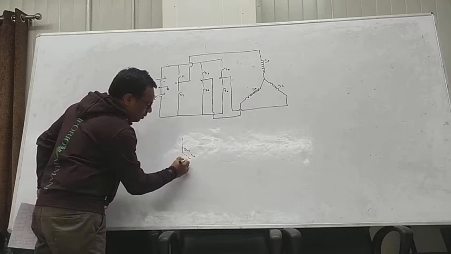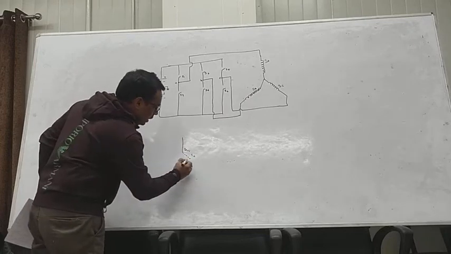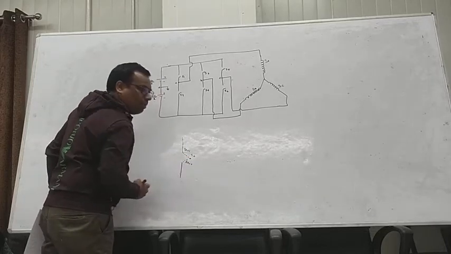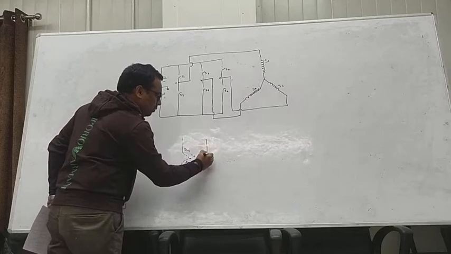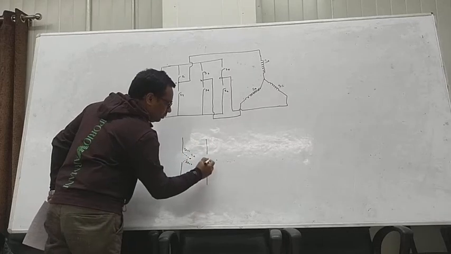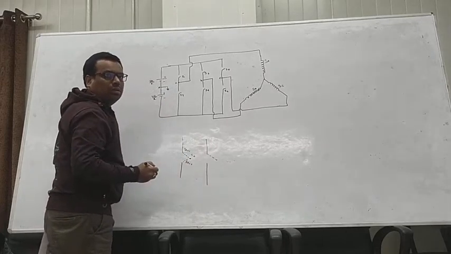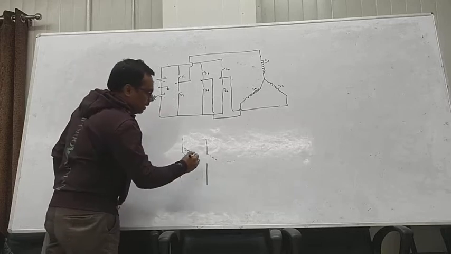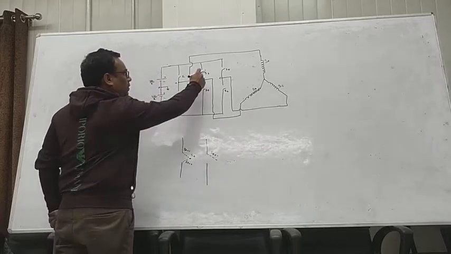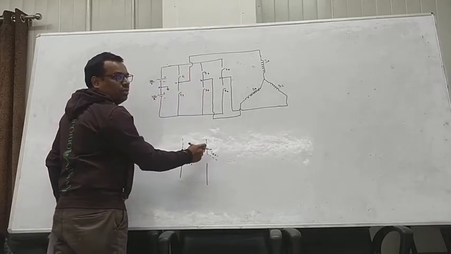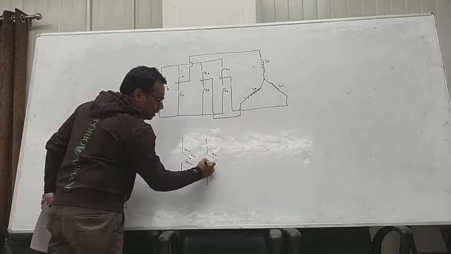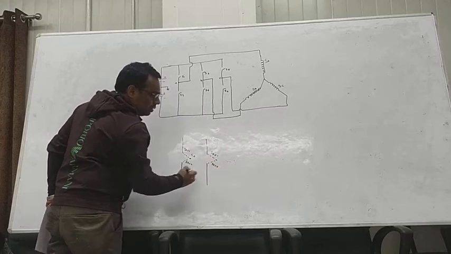If it is connected to the bottom switch, then SA is equal to 0. Similarly for leg B, if it is connected to the upper switch, that is, if S3 is on, then SB is equal to 1. If S6 is connected, then SB is equal to 0.